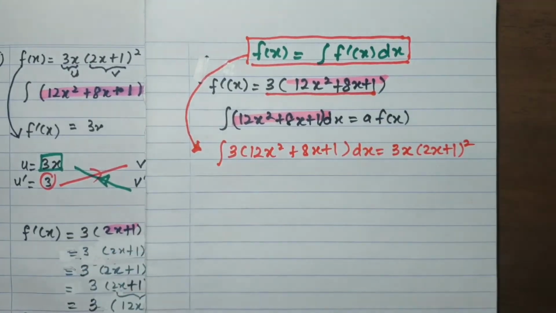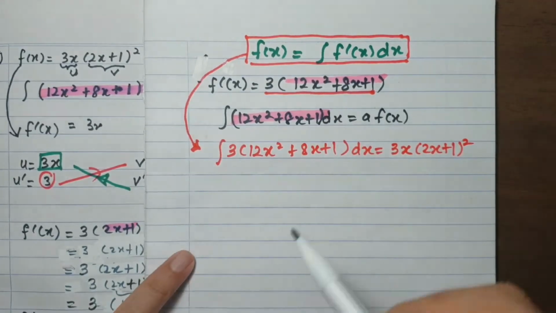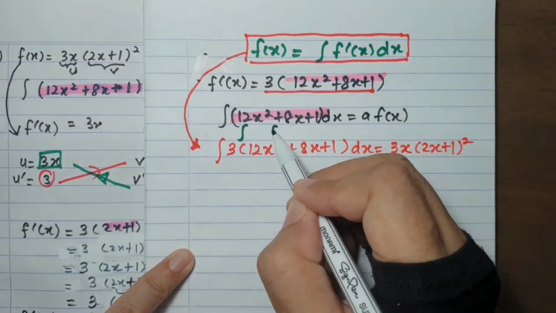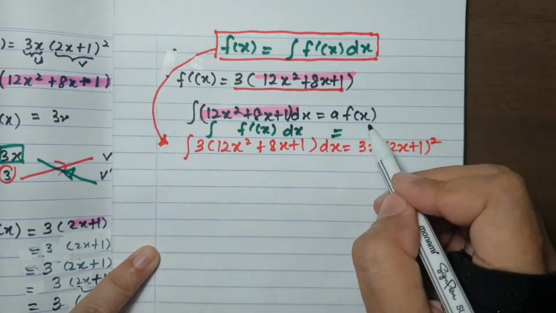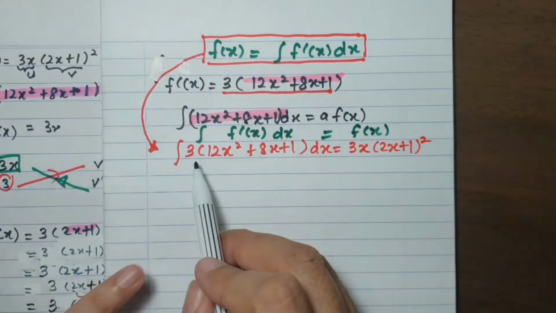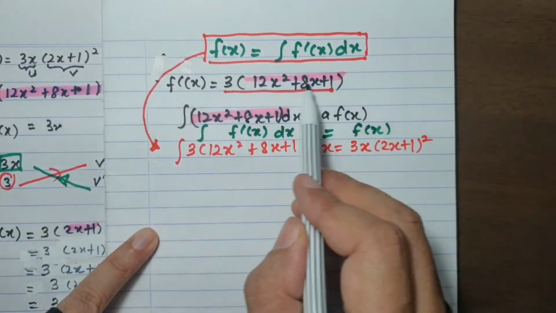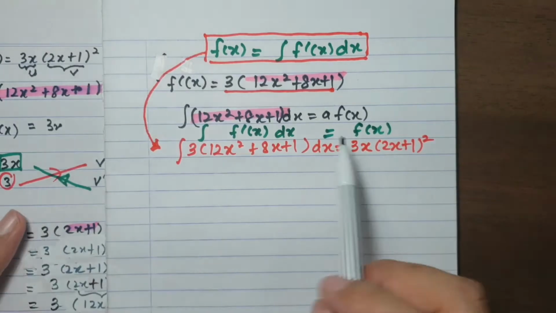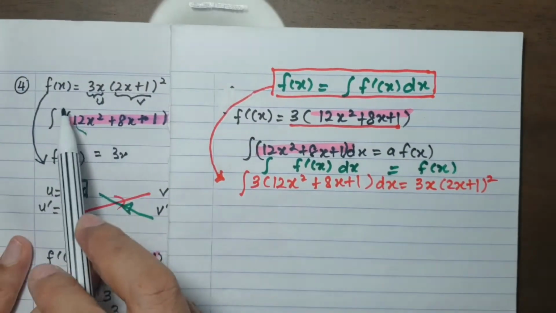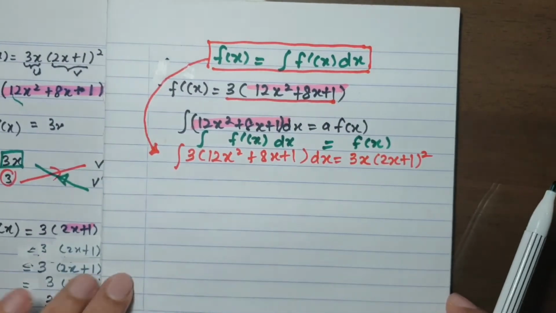Right? One more time. So if you integrate f prime x with respect to x, the result is fx. So this is your f prime x, and this is your fx. This is from the question. Okay.